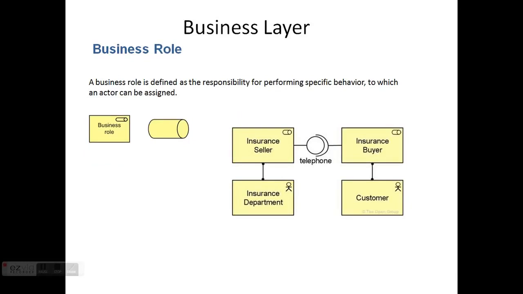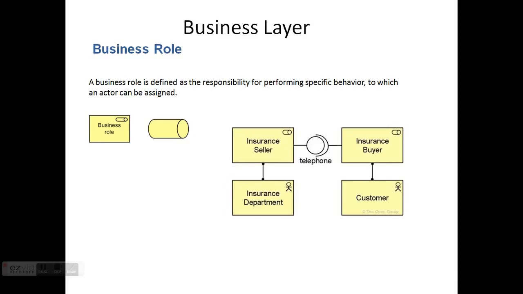Next is the business role. A business role is something that we apply to a business actor. Business processes or business functions are assigned to a single business role with certain responsibilities or skills. A business actor that is assigned to a business role ultimately performs the corresponding behavior.